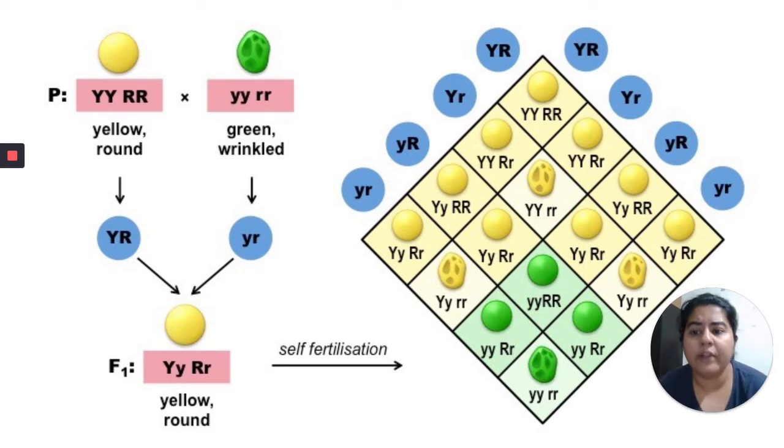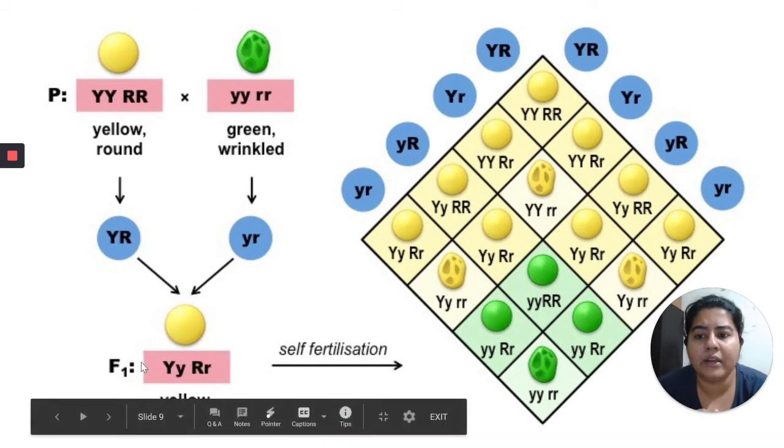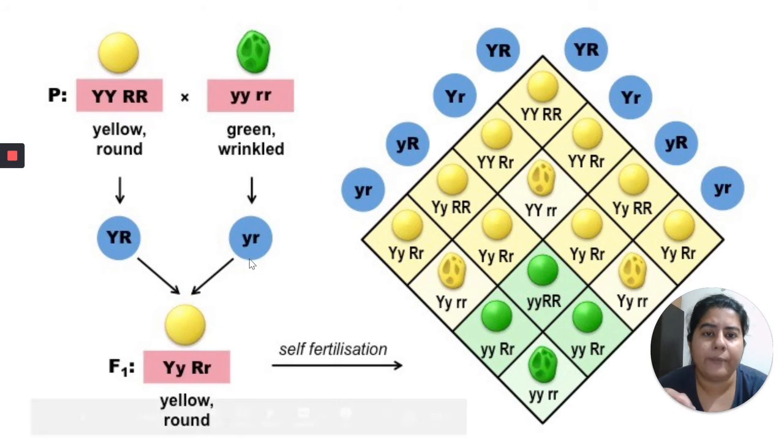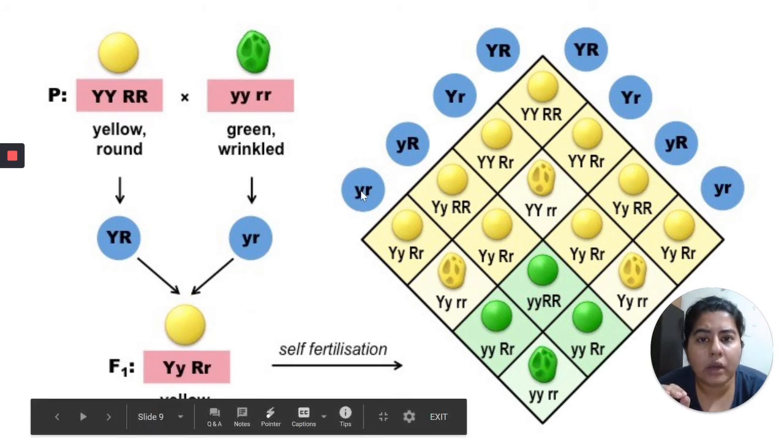After you got the F1, you cross one F1 with another F1. So 2 same genotype parents are crossed by self-fertilization. Means the anther and the anther of the same flower was put on the stigma of the same flower. And then write all possible gametes of the F1.